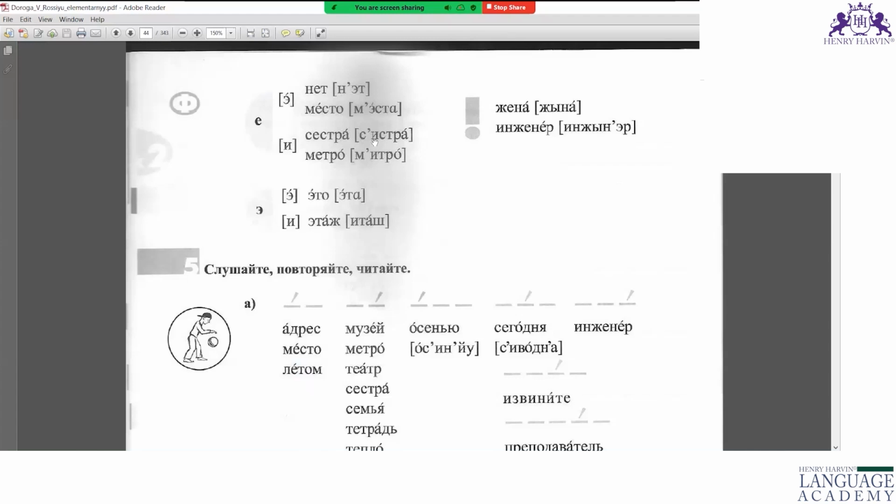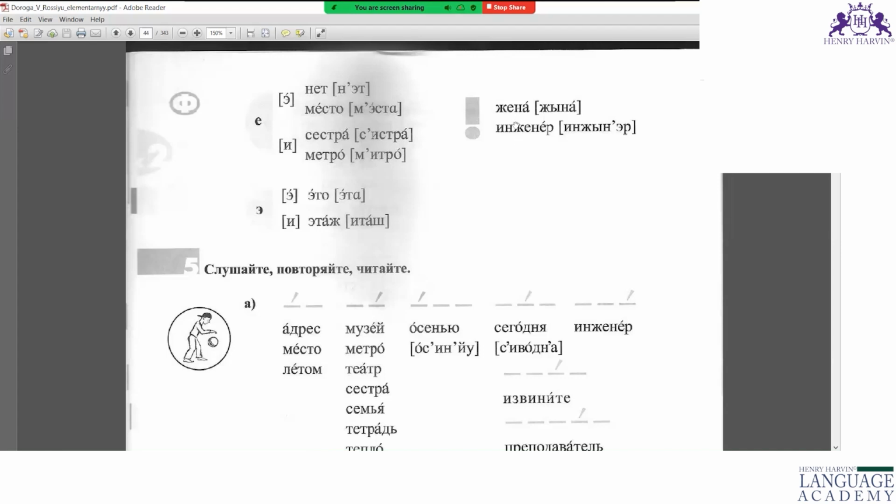You do not hear a clear E, it's I. Okay, same the word место, stressed, нет stress. But what about metro? Metro, subway, stress goes on O. So again, we pronounce the first letter very fast, like metro. Okay. Same goes with жена, этаж.